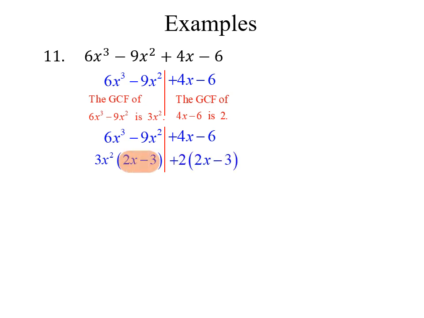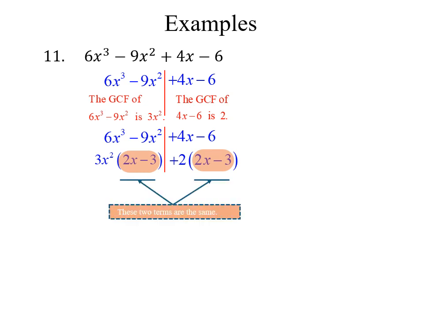Now, we have a common term also between the 2 groups we have. Therefore, we can factor 2x minus 3 out.